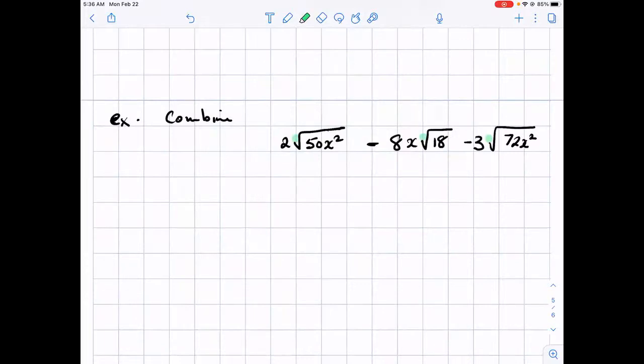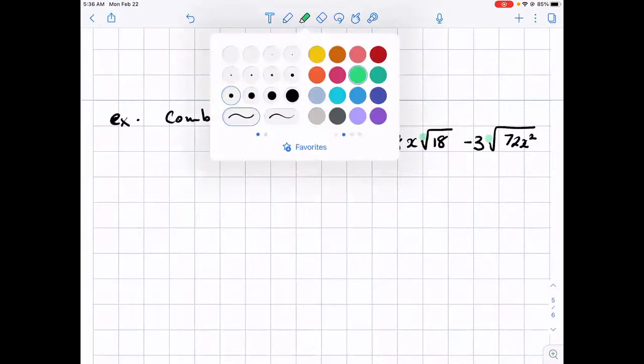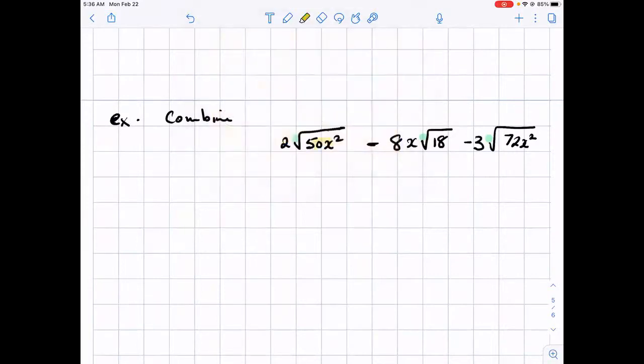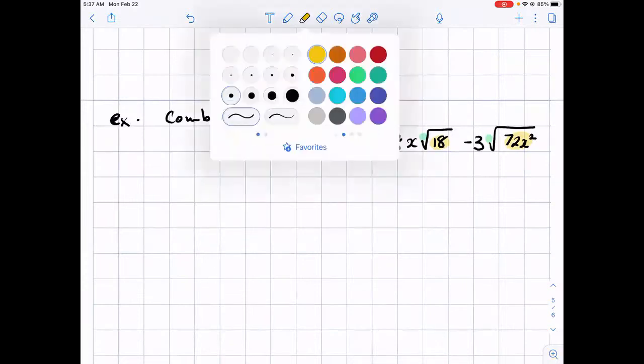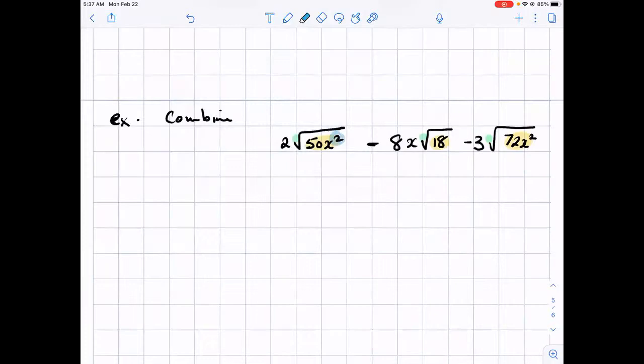Now we have to simplify the radicands because the radicands for them are different, okay? Two of the radicands are the same, but we can combine those. However, I wouldn't, because I noticed that the exponent here is a 2 and there it's a 2. So this definitely can be simplified.